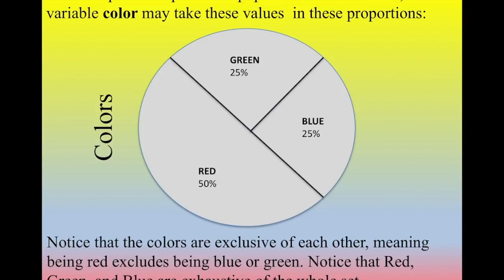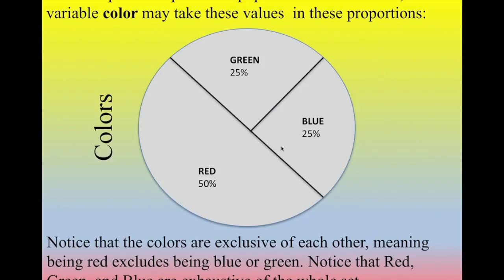In this new jar of marbles, there's just 3 colors: red, green, and blue. And let's say that I describe to you the proportion for each color, where I say, in this example, 25% of this jar has green marbles, 25% has blue marbles, and 50% have red marbles.